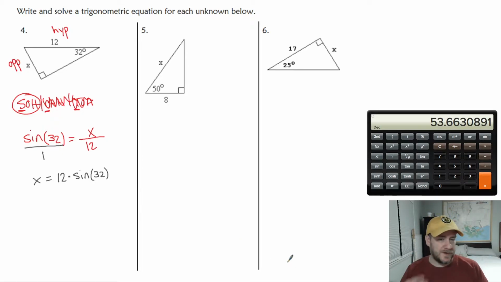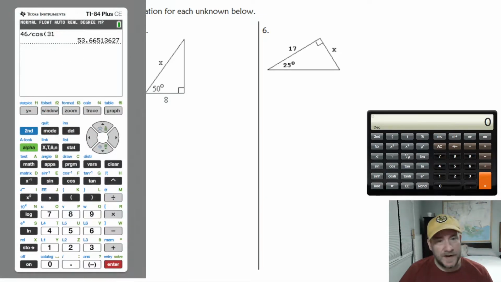Alright, so again, depending on what kind of calculator you've got, if you've got a TI, I'll do that first. If you got a TI, then it's easy.